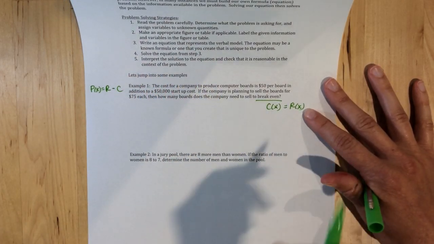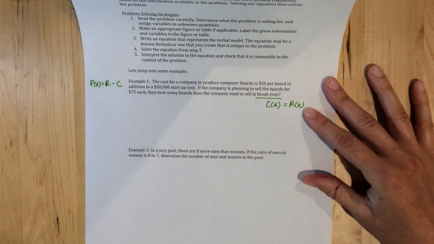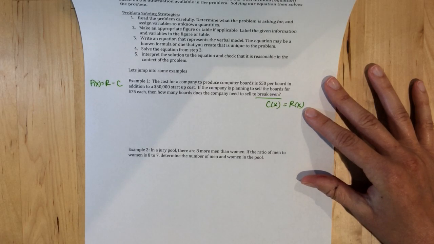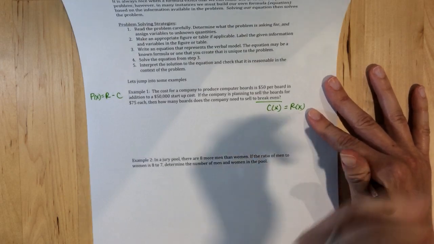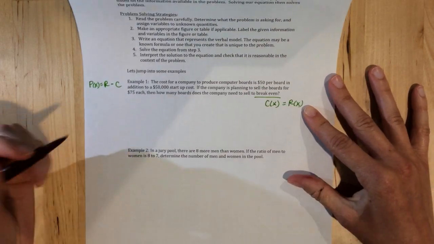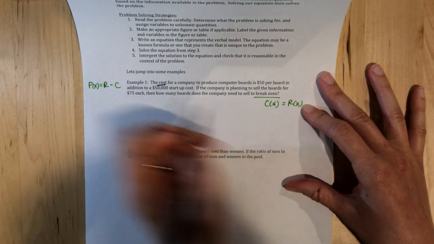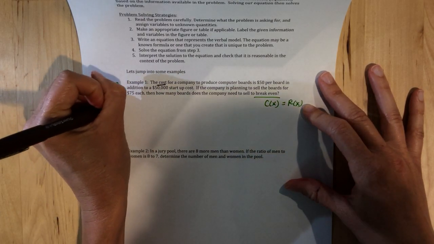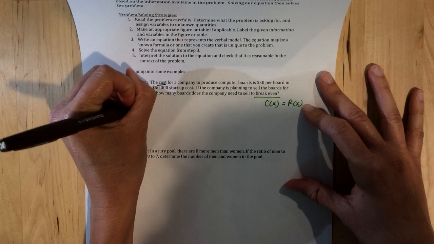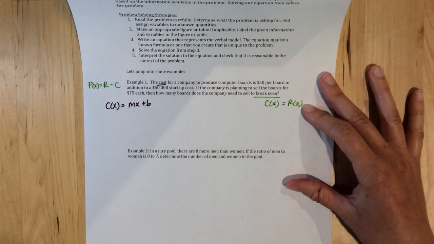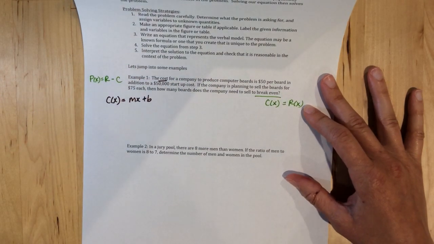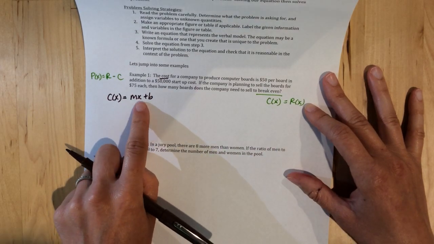So first, we've got to go through the word problem. I like to go through it line by line, sentence by sentence. It just helps me collect all the information. So for my cost equation, typically a cost equation is a linear equation in the form of mx plus b, where m is what it costs us per item.